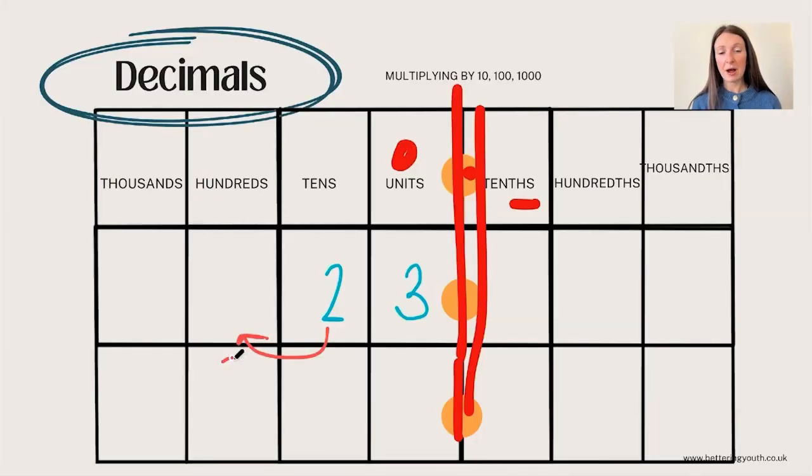The reason why I get to move 1 space is because I was multiplying by 10. And just like 10 has 1 zero, our numbers will move 1 space. So I've moved from my tens to my hundreds column with the 2. Now I need to do the same thing with my units. My 3 moves from the units to my tens column.